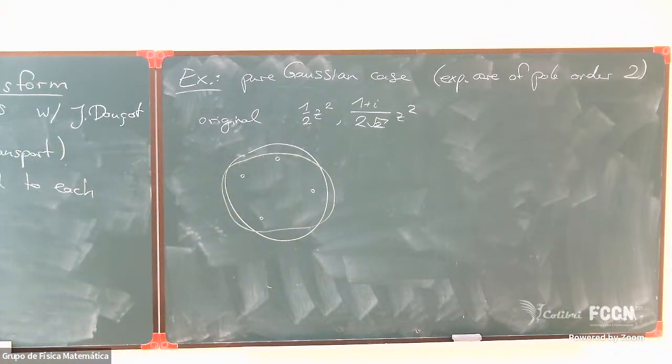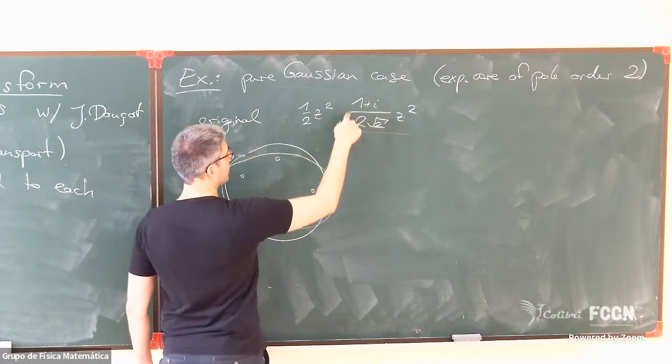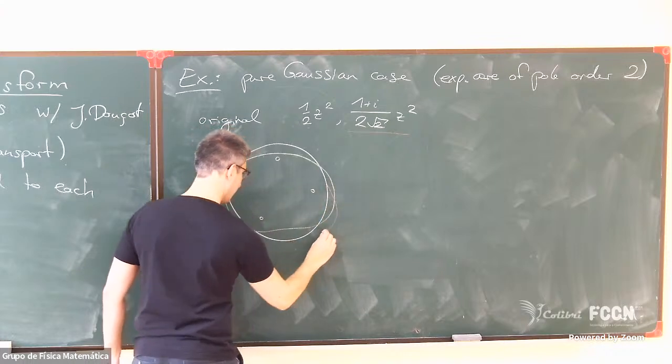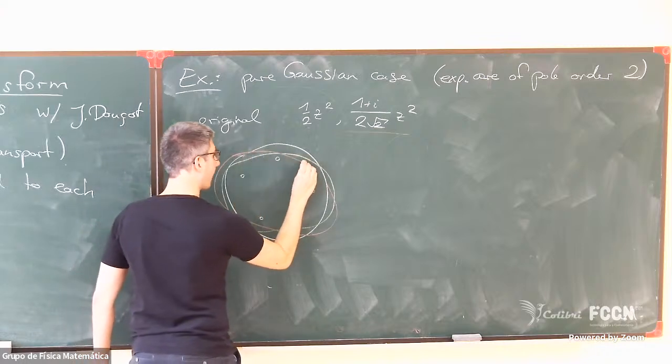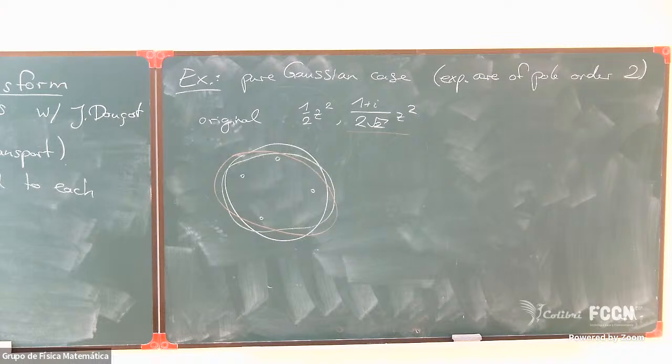You will also draw the second exponent, which is the same but a bit shifted because there's a different coefficient. So this one might look like this. So these are the two exponents.